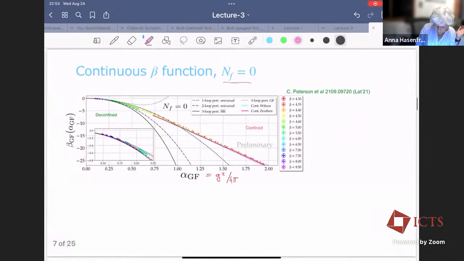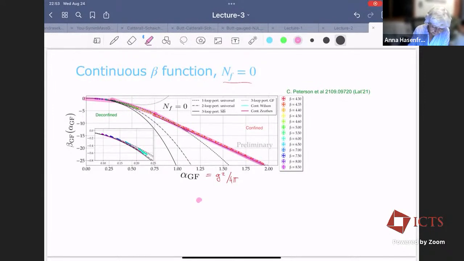The important thing to notice is this line here, which is basically the continuum prediction for the beta function.